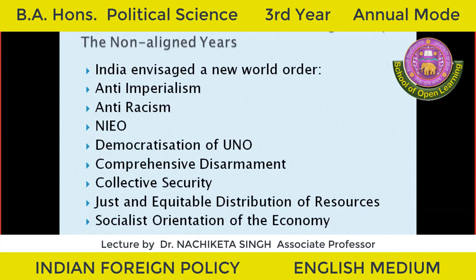So, anti-imperialism is something which we thought was necessary for the world to embrace in order to create a world that is based on justice and equity and democracy. Because imperialism had done a lot of harm to the international community, particularly those nation states which are located in the erstwhile colonial world in Asia, Africa, and Latin America.